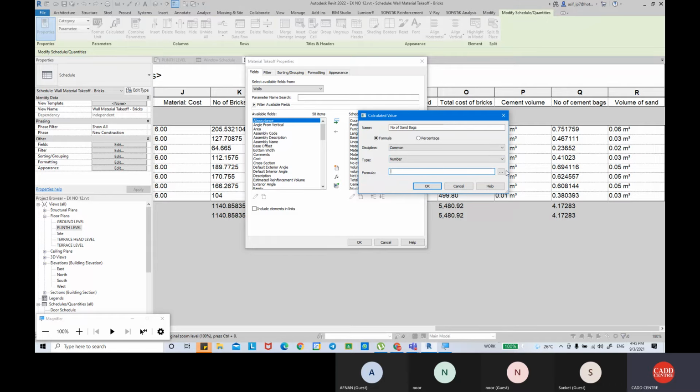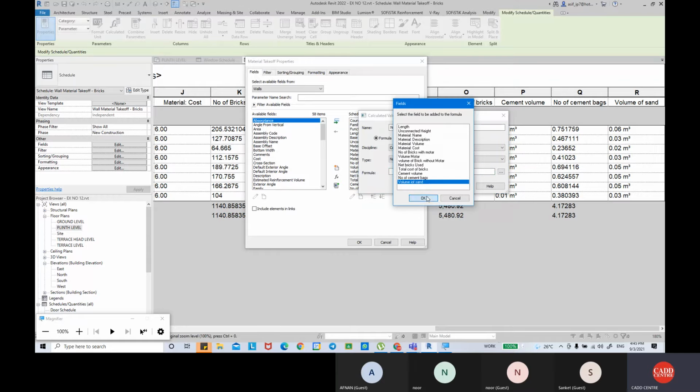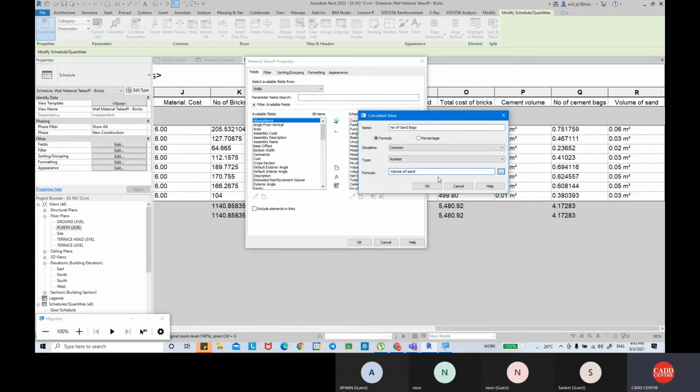So what is my volume of sand there? Then it will be divided by the volume of one sand bag basically, that is 0.03125. Sorry, my mistake, I was again missing a point.